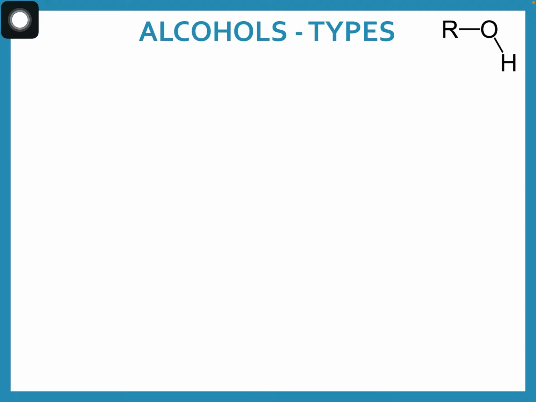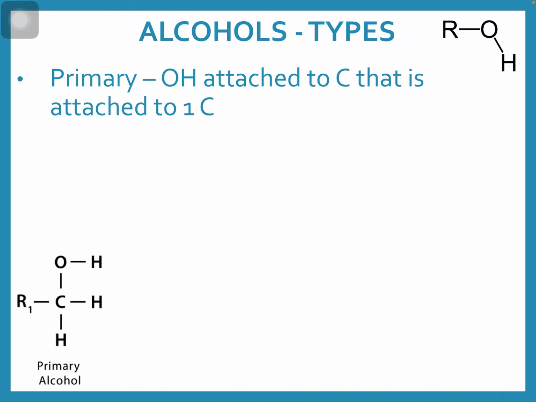So when we talk about alcohols, there are 3 different types, and it's based on where that hydroxyl group is attached. So the carbon it's attached to, how many other carbons is that carbon attached to. So a primary alcohol has the hydroxyl group attached to a carbon that only has one other carbon attached to it.